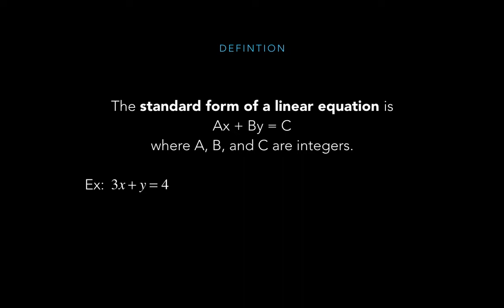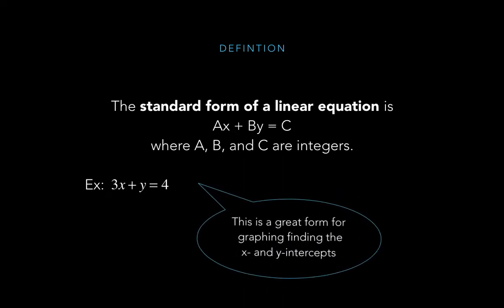If it wasn't positive, you would need to change the signs of all the terms so that your leading term would be positive. This form is really great for graphing. If you were to use that graph, finding the x and y intercepts, and we're going to do that in this video, it works very well.